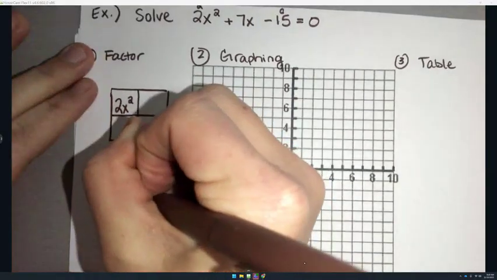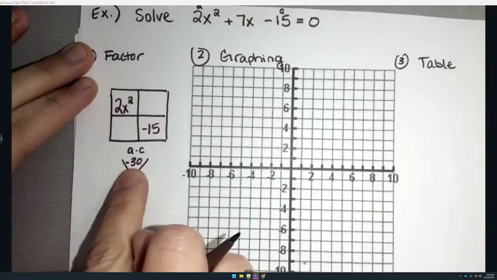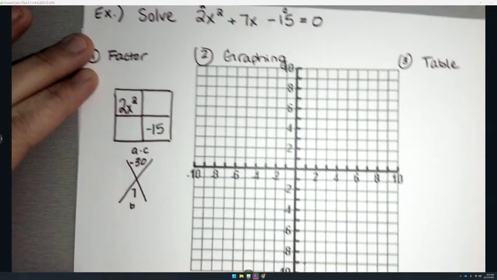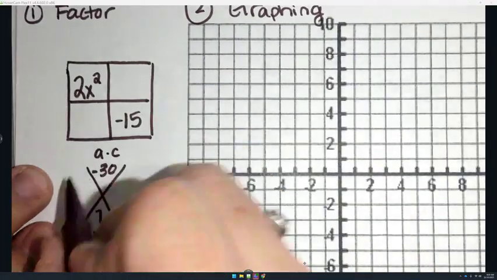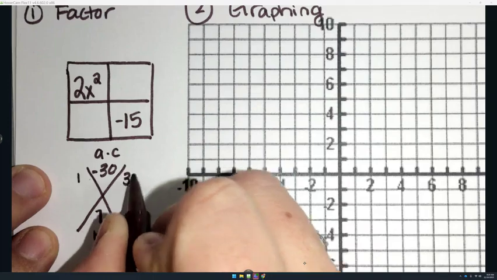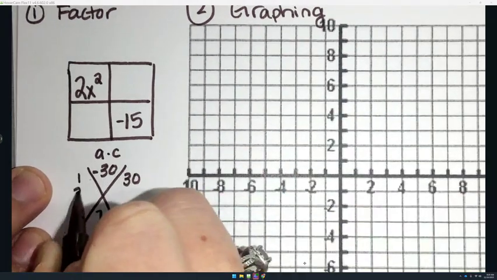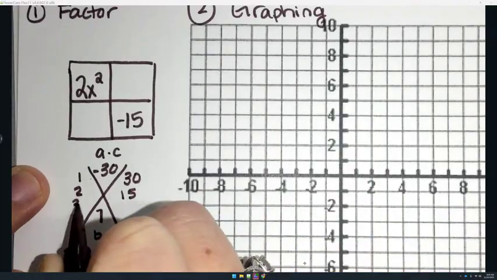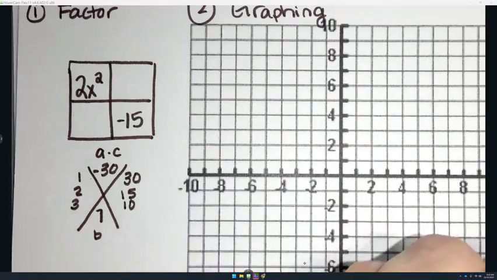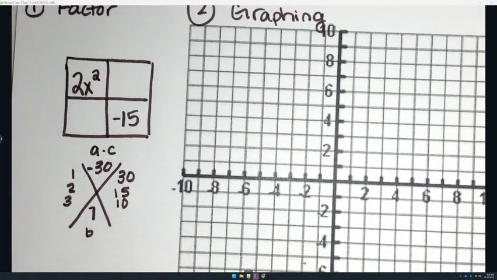Okay, so what we're going to do first is we're going to look at our positive 30. I know it's a negative, but right now we're just listing the factors of 30. So always 1 and itself, always. It will be divisible by 2. That's 2 and 15, 3 and 10. And you can stop as soon as you see one that works.